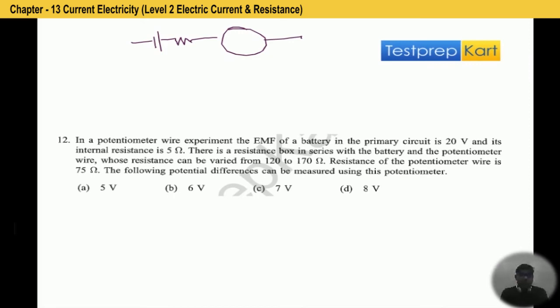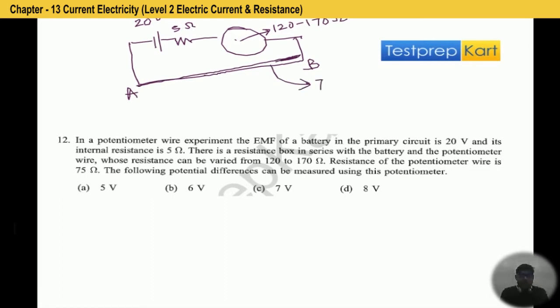Then which of the following potential differences can be measured using the potentiometer? So there is a cell of 20 volt with internal resistance 5 ohm. There is one resistance box that can offer resistance from 120 to 170 ohm, and in series with this there is a potentiometer wire which offers a resistance of 75 ohm.